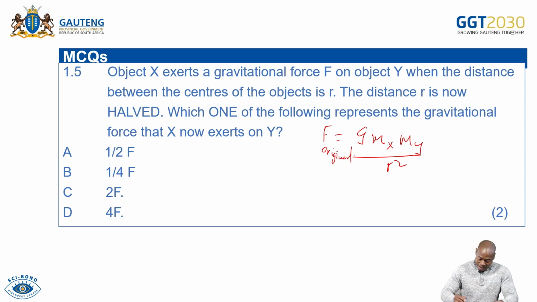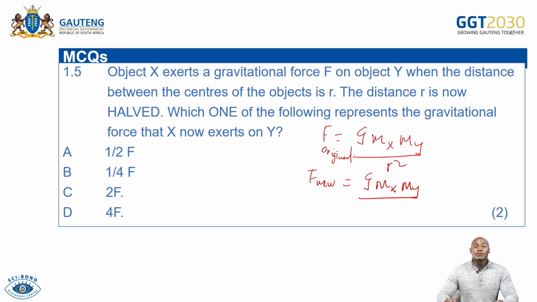Then F new. The distance R is now halved. Which one of the following represents the gravitational force that X exerts on Y? So now the distance is halved. So now for F new I'm having G, mass of X is still Mx, mass of Y is still My, over the distance, which is now halved, right?